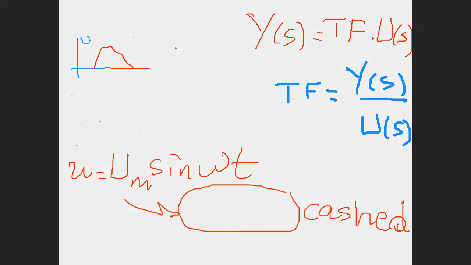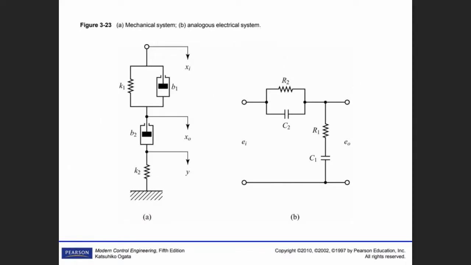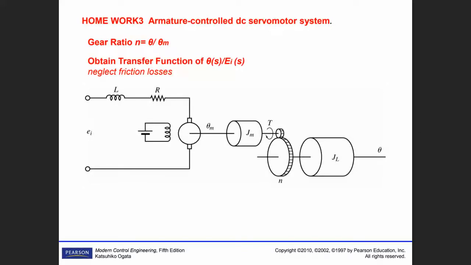Now we are approaching the last. I'm not going to solve this one. This is also reflecting the similarities between the mechanical system and the electrical counterpart of it. Now that is the problem.